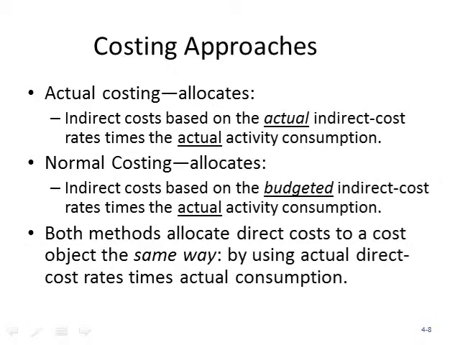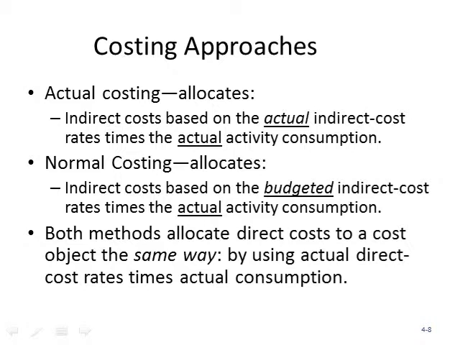Care must be taken to properly distinguish between the allocation process for actual costing and normal costing. Actual costing allocates indirect costs based on actual indirect cost rates times actual activity. Normal costing allocates indirect costs based on budgeted indirect cost rates times actual activity.